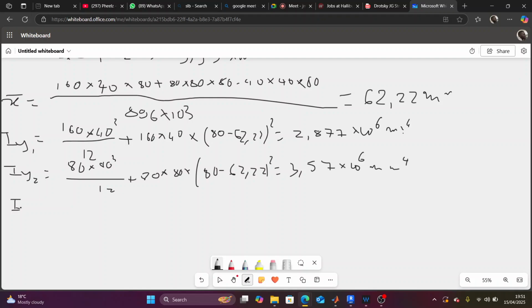What is IY3? IY3 is 40 times 40 cubed divided by 12 plus 40 times 40 times the distance, 80 minus 62.22, squared.